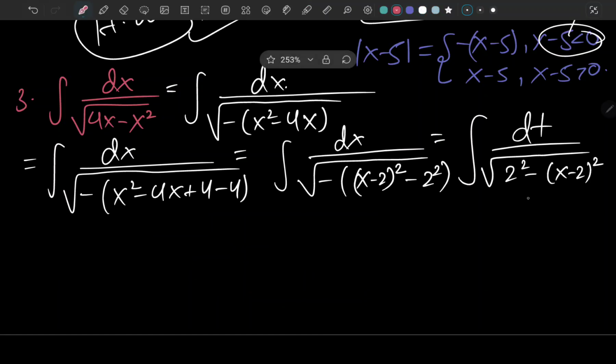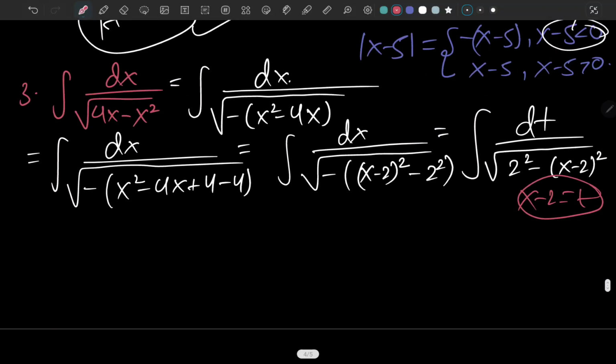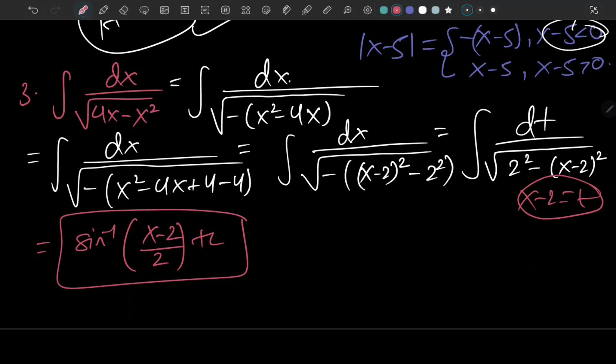You can proceed by letting x minus 2 equal t, but it's a waste of time, since it's a linear function and the derivative of minus 2 is just 0. So we write our result: sine inverse of (x minus 2) over 2, oh sorry, not dx, plus c. It was a quite good integral, because in this kind of integral you have to make a perfect square.